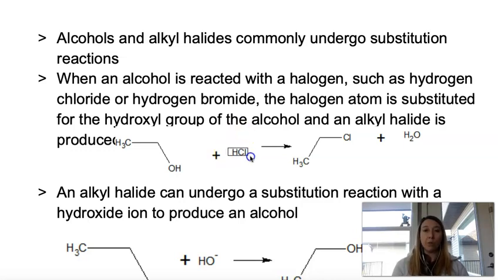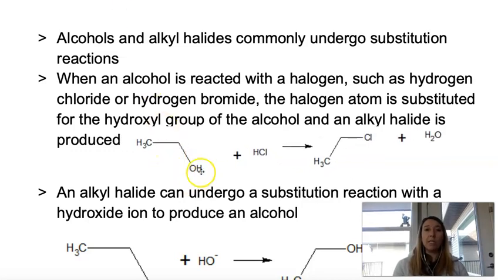So basically what you're going to find, sorry, I'm just trying to move this over a little bit because it's over the writing. What you're going to find is that we can take something like this, which is an alcohol, and we can actually turn it into an alkyl halide, right? And if you look at what happened here, when I look at my starting molecule and this final product, the only part that's actually different is that this hydroxyl group got swapped or substituted for this chlorine right here, right?